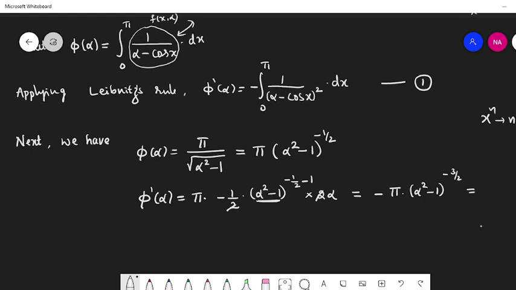So we can write this as into alpha, right? Minus pi alpha divided by alpha square minus 1 whole power 3 by 2.